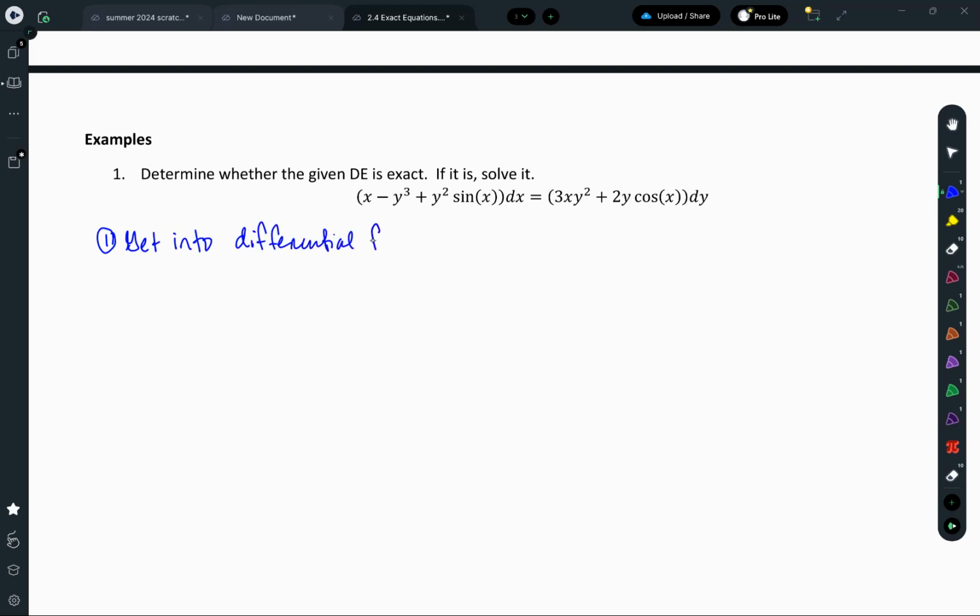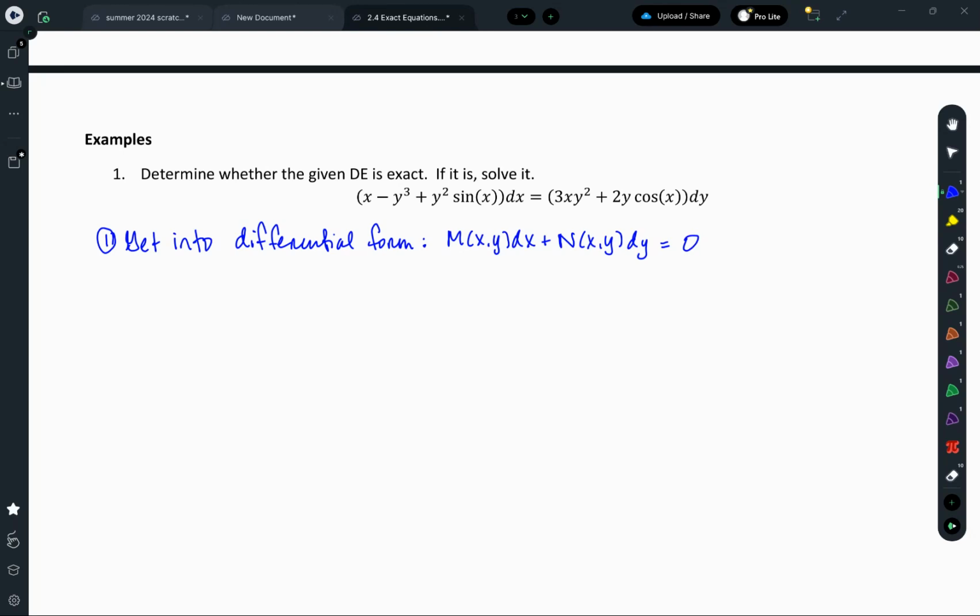The differential form means that anything that's a function and has a dx or a dy on it needs to be on the left-hand side of the equal sign. So we should see something like an M of xy dx plus an N of xy dy is equal to 0. Notice the plus sign in front of the N. If we have a minus sign, then we need to distribute it to know what our N is.